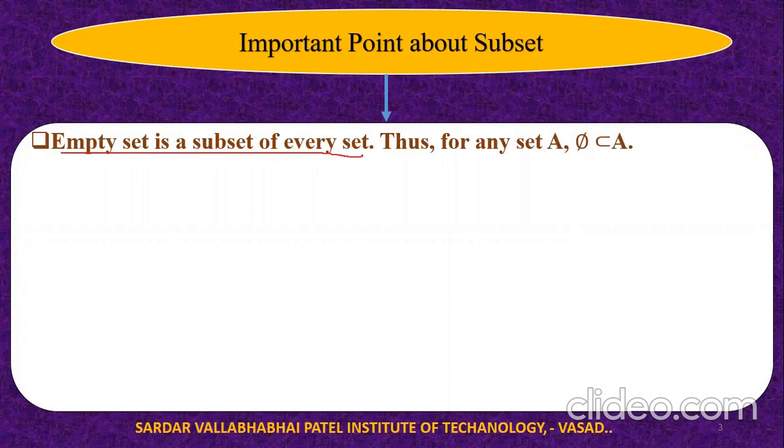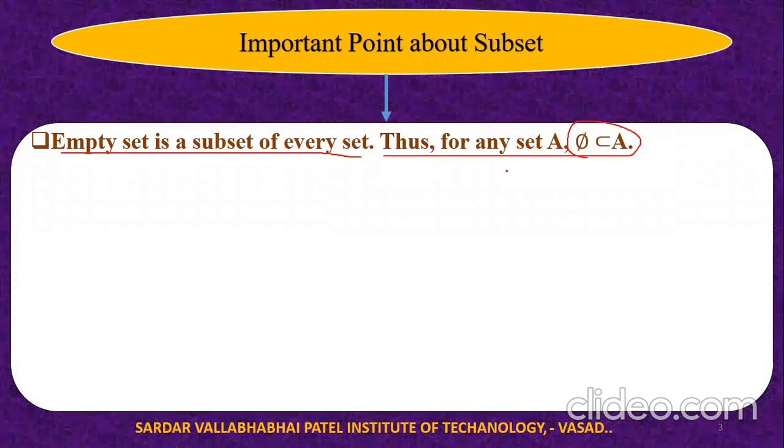So we consider any set A, for example A is {1}, or A is {1, 2}, or A is {1, 2, 3}, or any set A is the students of a class, or students of a city. But phi is always a subset of A, and we denote phi ⊆ A.